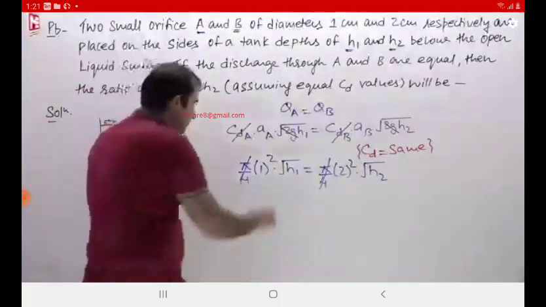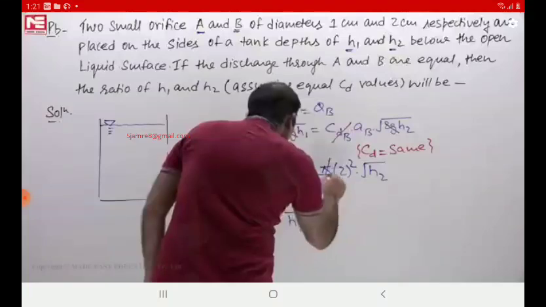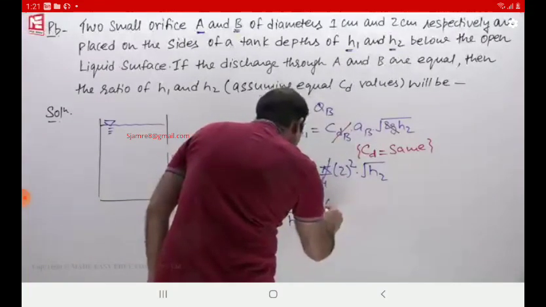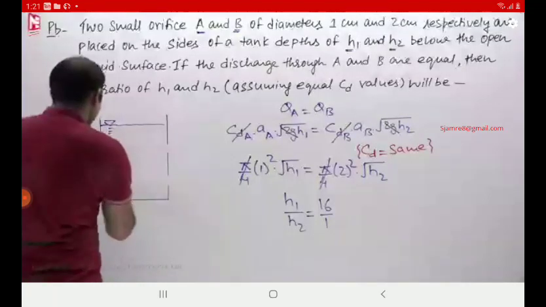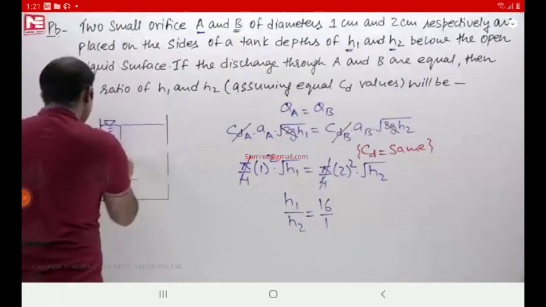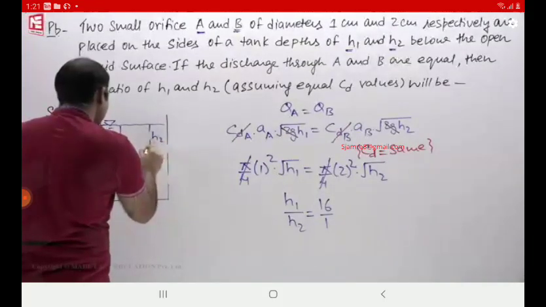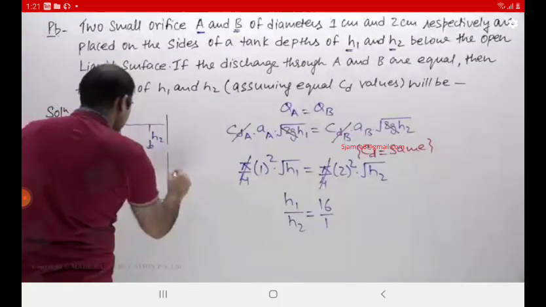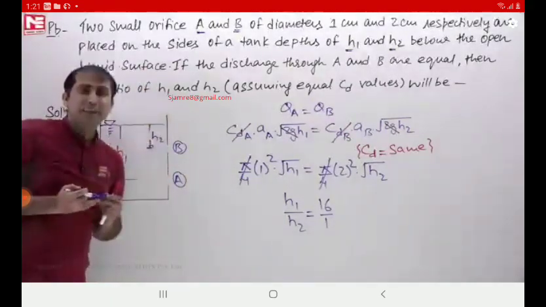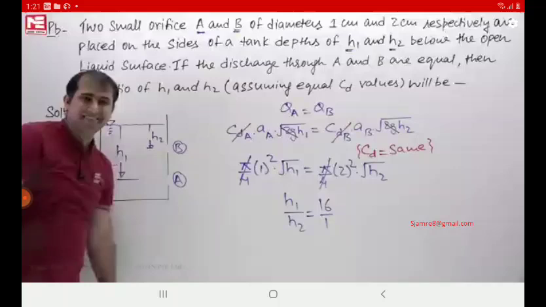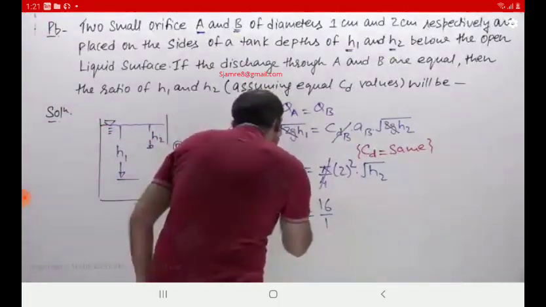So if you look here, my dear, this will become H1 upon H2 equals 4 upon 1, that means squaring, 16 upon 1. This is H1, this is H2, this is orifice A and this is orifice B. How many children got this answer? So this is the final answer, my dear.